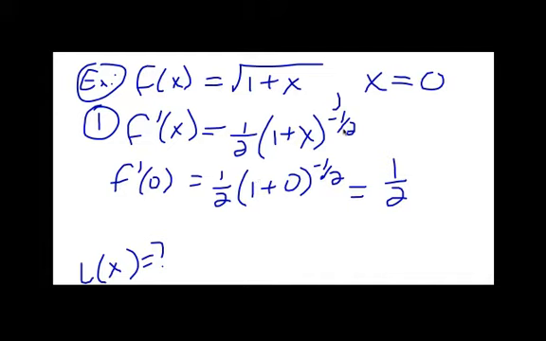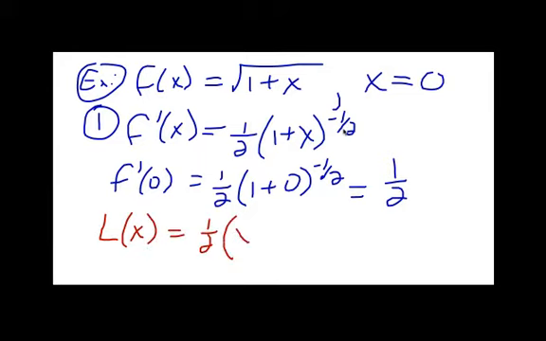Okay, so now to find L of x, the linearization: L of x equals the slope 1/2 times x minus 0, whatever the point is that you're using, plus the y value at x equals 0.